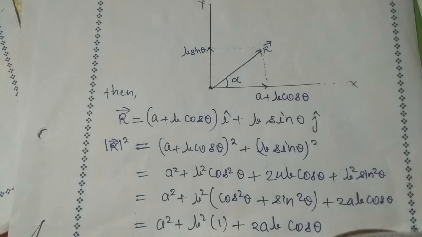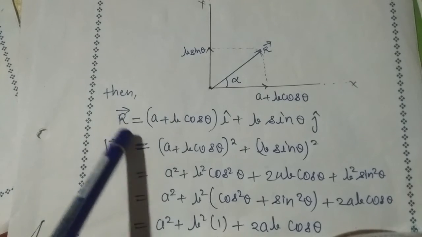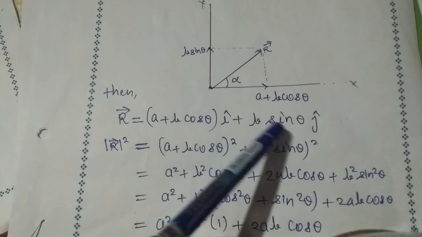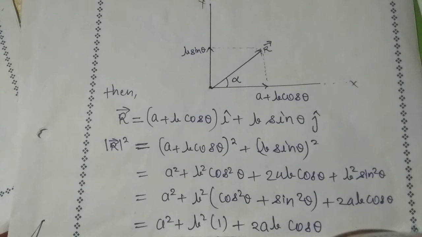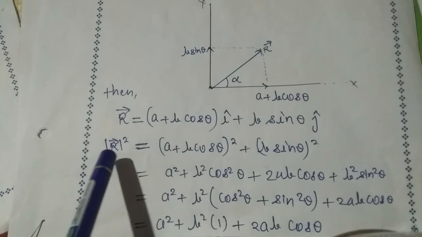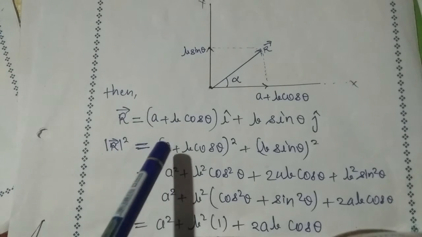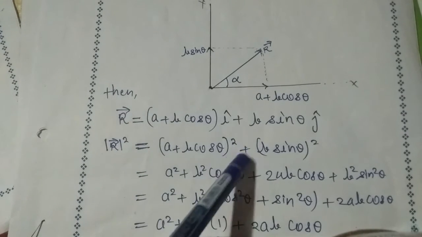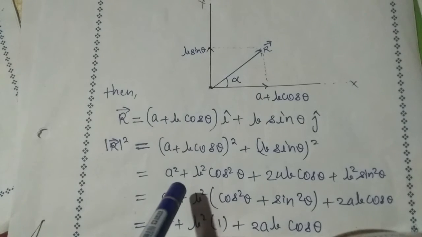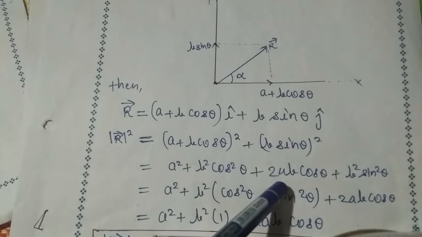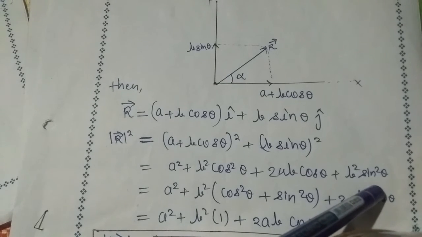Now we can write vector R is equal to (A plus B cos theta) i cap plus B sin theta j cap. When we take the mod square of both sides, mod of R square is equal to (A plus B cos theta) whole square plus (B sin theta) whole square. Opening the brackets, A square plus B square cos square theta plus 2AB cos theta plus B square sin square theta.